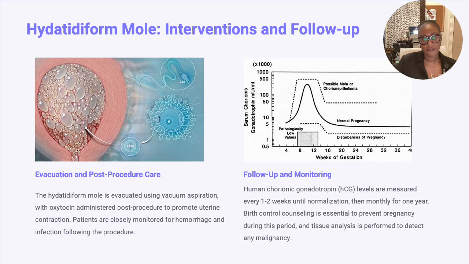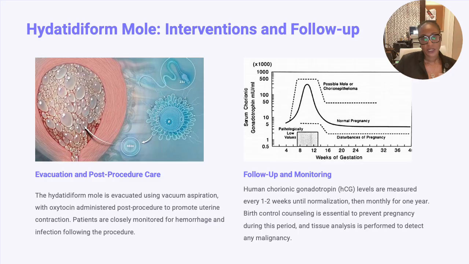Levels are checked every 1 to 2 months for 1 year. Instruct the client and her partner about birth control measures so that pregnancy can be prevented during the first year after such a procedure is done.